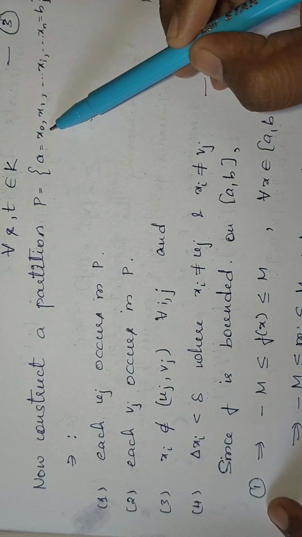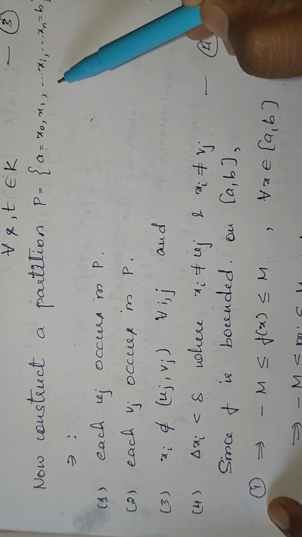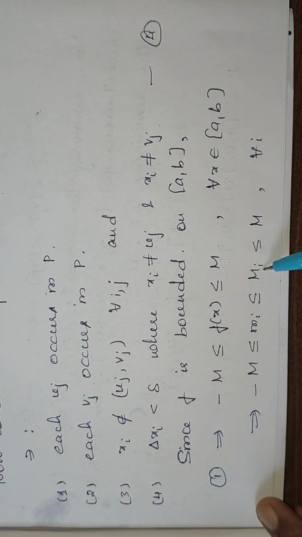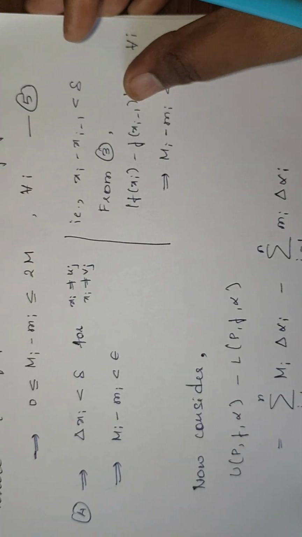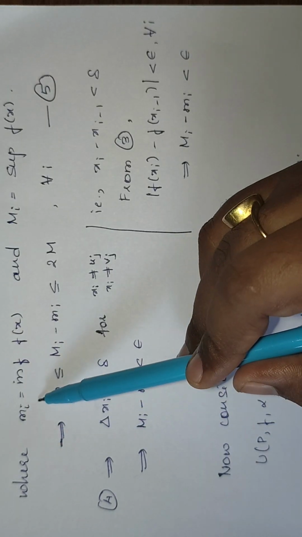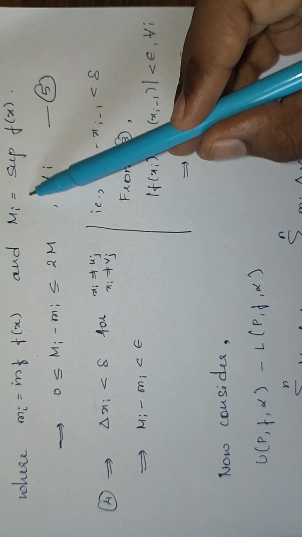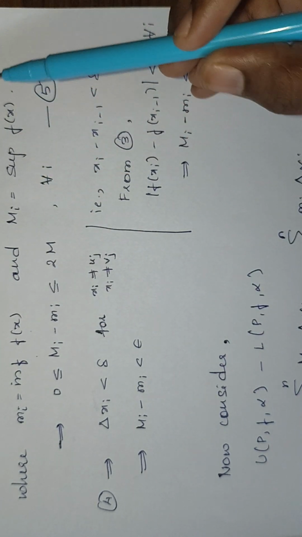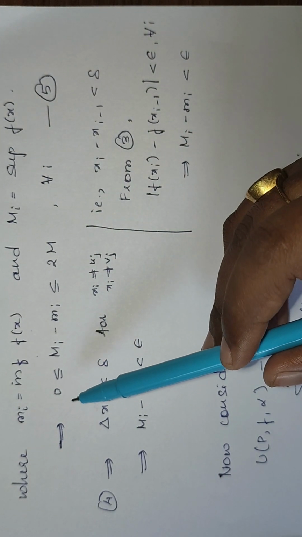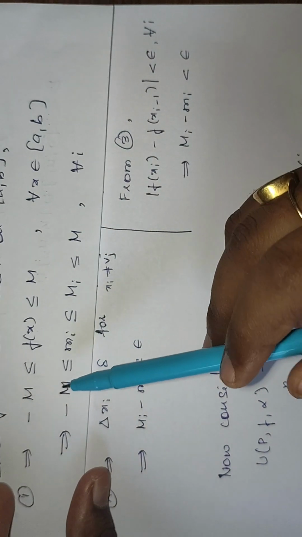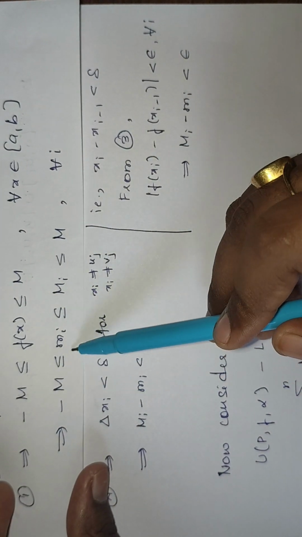See here, this x0, x1, x1, x2. So for each such subinterval, this holds. Okay, see here it's given where small mi equal to infimum of f of x and capital Mi equal to supremum of f of x.